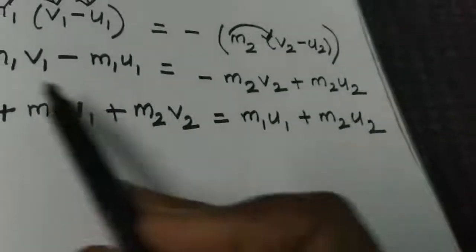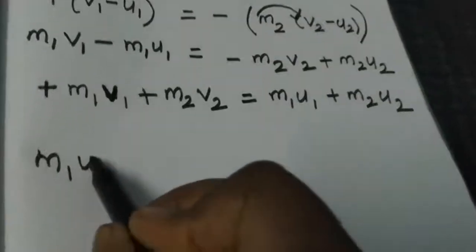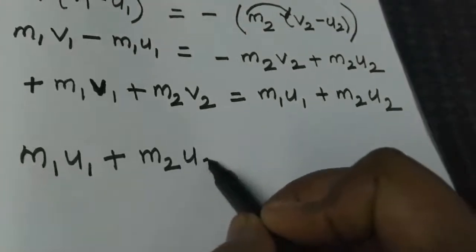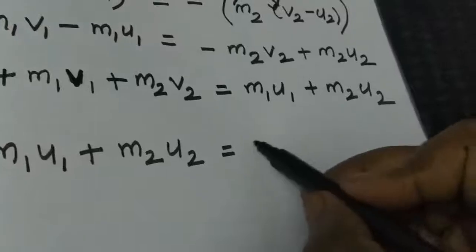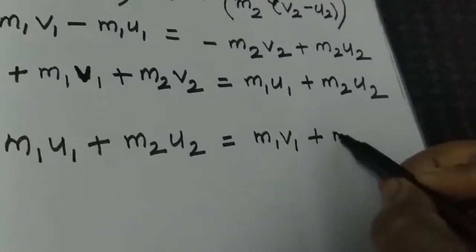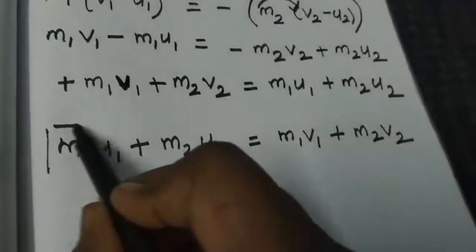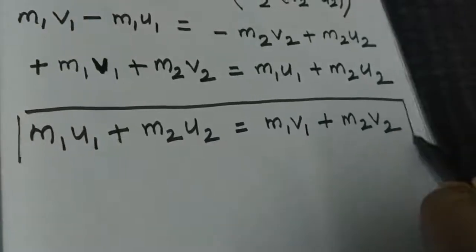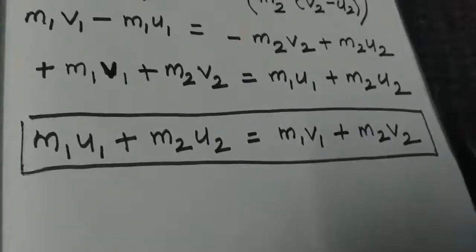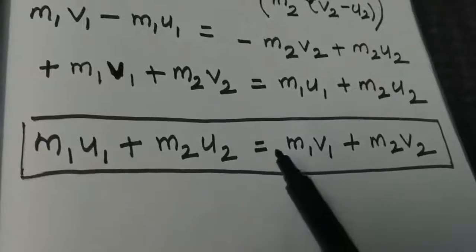Then we can interchange the terms as m1 u1 plus m2 u2 equal to m1 v1 plus m2 v2. So the initial velocity and final velocity terms are equal on both sides.